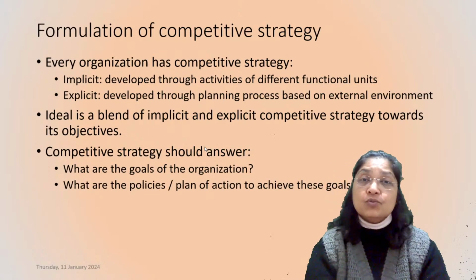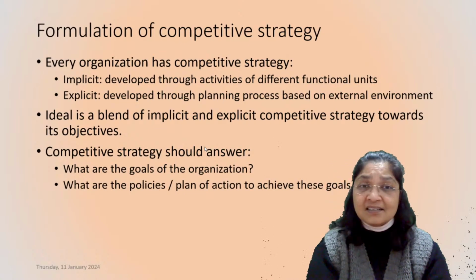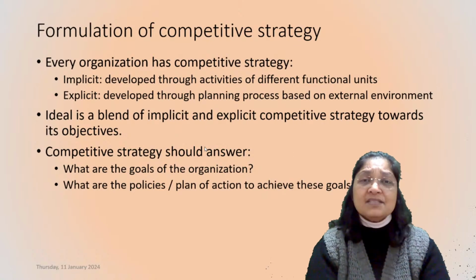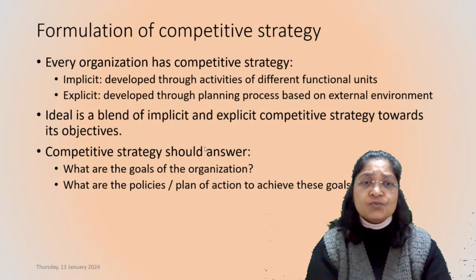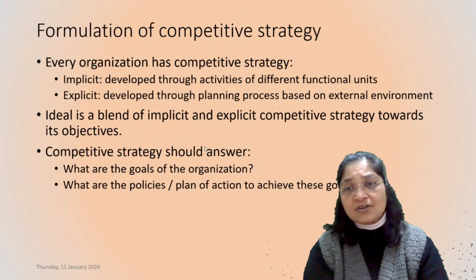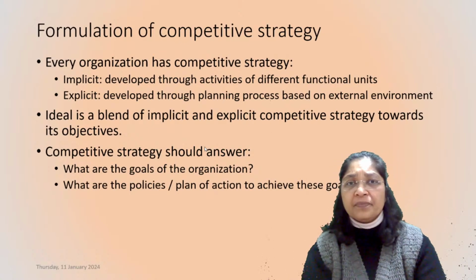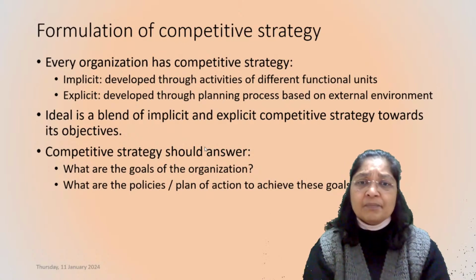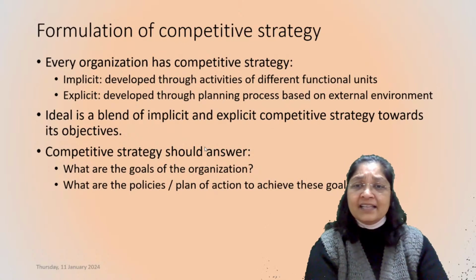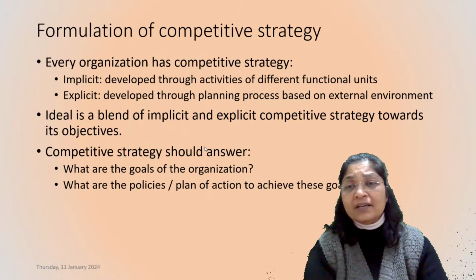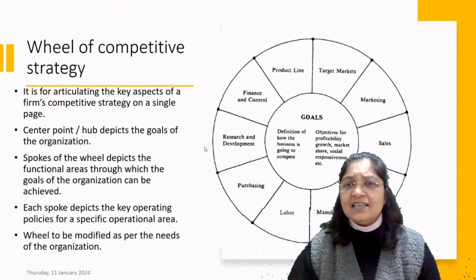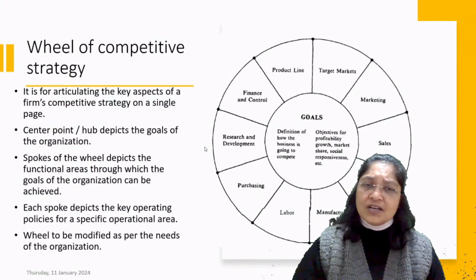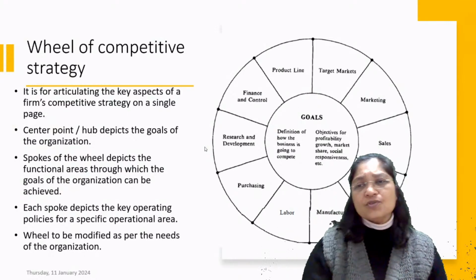Now, as the name shows, what is implicit competitive strategy? Implicit competitive strategies are those strategies which are developed through activities of different functional units. So these are based on the activities of the different functional units. When I'm talking of different functional units, I'll just move a little ahead. See, we are talking of each of these spokes of the wheel.